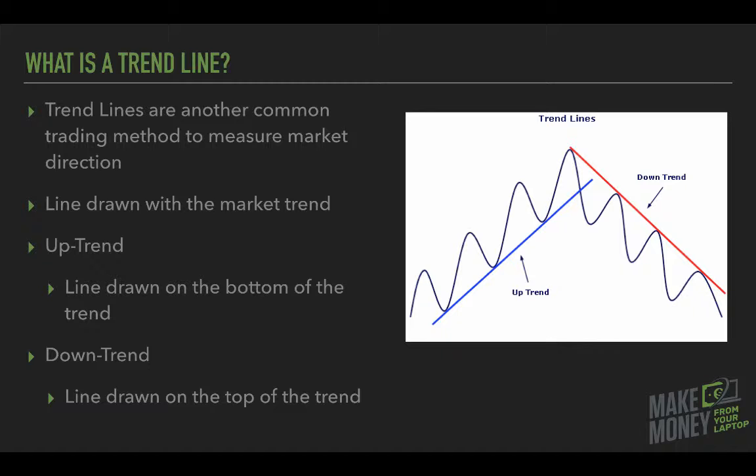Now, as we discussed in the previous lesson, the market doesn't just move straight up or straight down. It tends to move in a kind of cyclical up and back motion, like waves, if you will. So you'll often see the market move up, and then it'll retrace a little bit, come back down, move up to a higher high, come back down, move up to a new high, come back down.